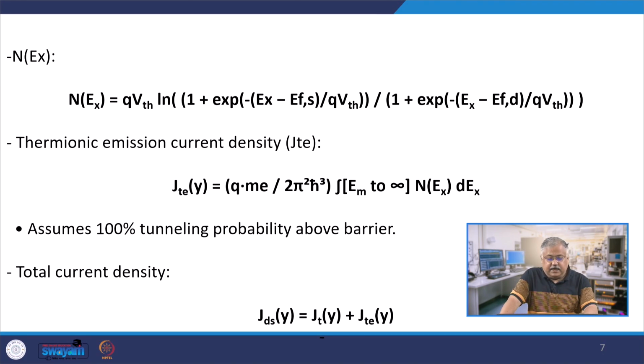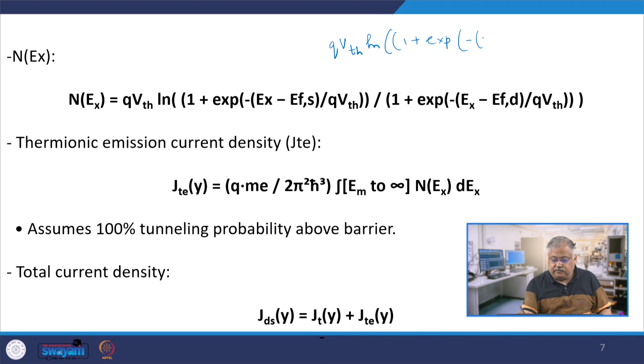Now, n of Ex, which is basically the Fermi function, is given by this. You might not be able to understand looking at this, but let me write it down for you. Q times thermal energy, natural log of 1 plus exponential of minus Ex minus Efs, divided by Q times Vth, and then this whole thing is divided by 1 plus exponential of minus Ex minus Efd, divided by Q times Vth.